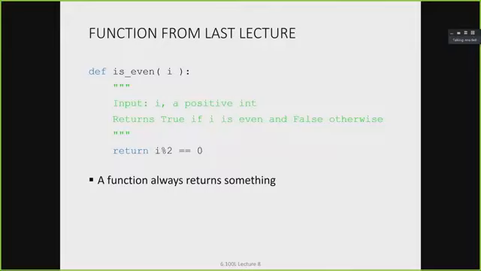A function always returns something. In this particular case, the function will return either true or false, a Boolean, but you can write functions that return integers, floats, strings, things like that.